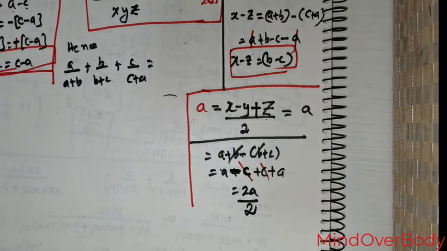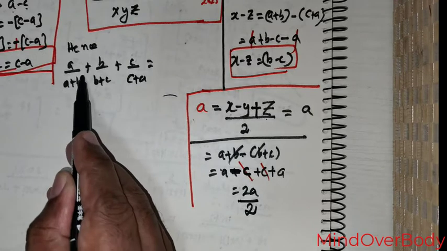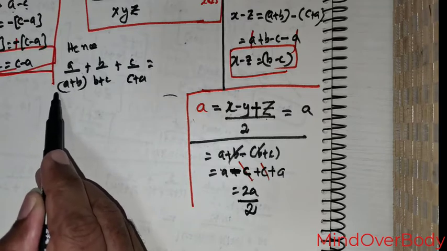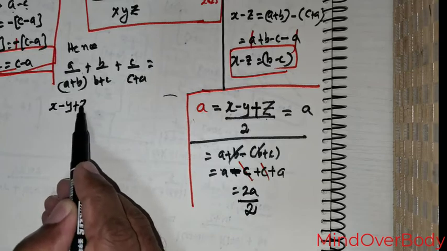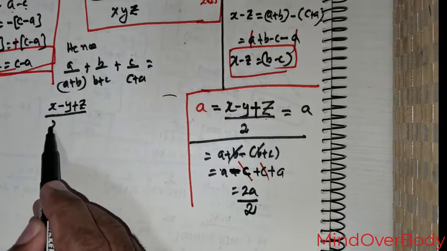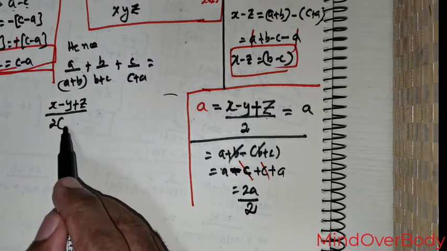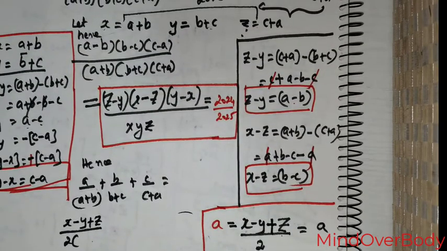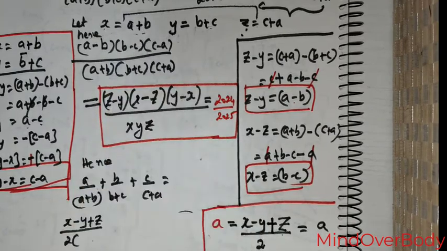But the point is, we already have a positive B. So this is actually going to be equal to, in place of A, (X − Y + Z) divided by 2, and there is a positive B. So if you want, you can substitute it here, or you can introduce one more step. But I feel that the substitution is fine because A + B is equal to X, right?